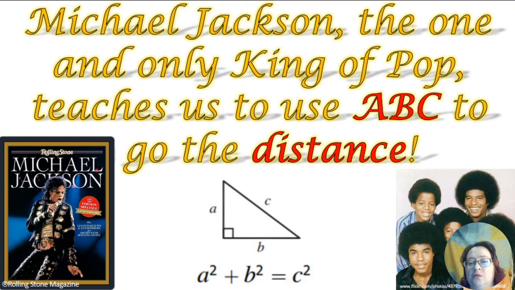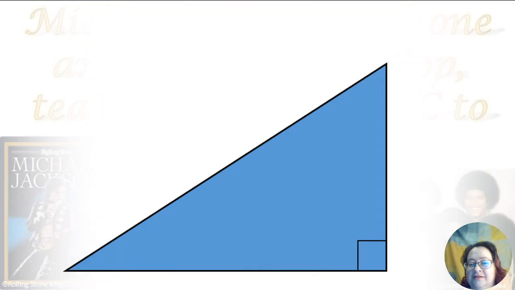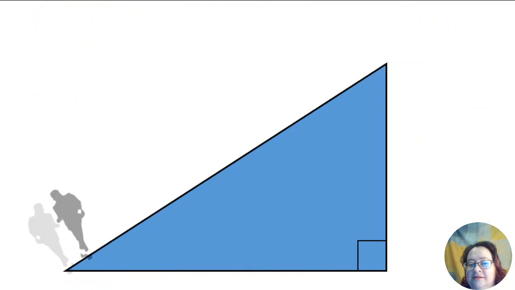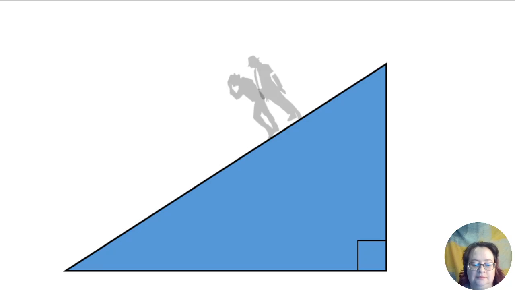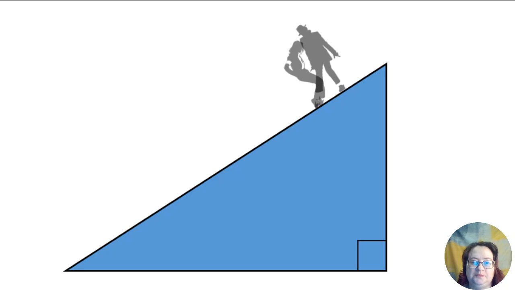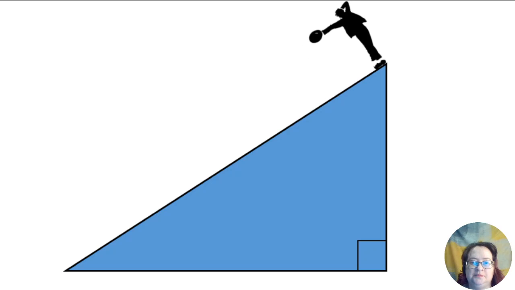Michael Jackson, the one and only king of pop, teaches us to use ABC to go the distance. That's all for today's geometry story time.